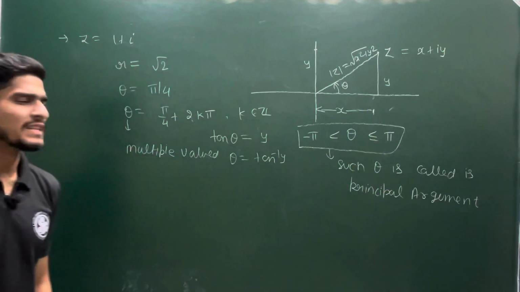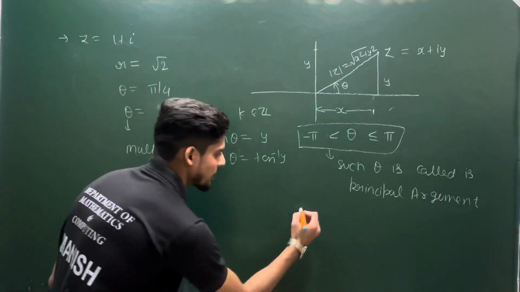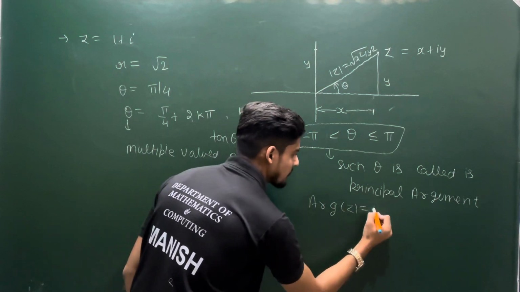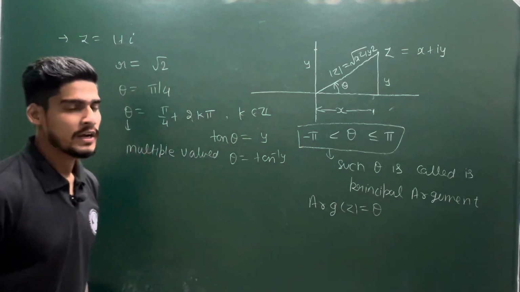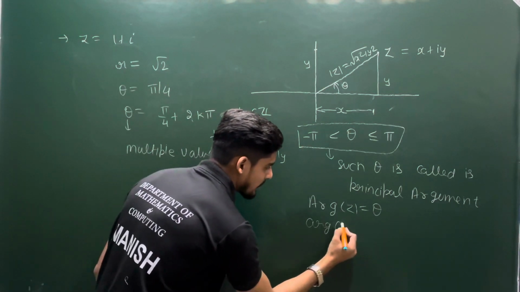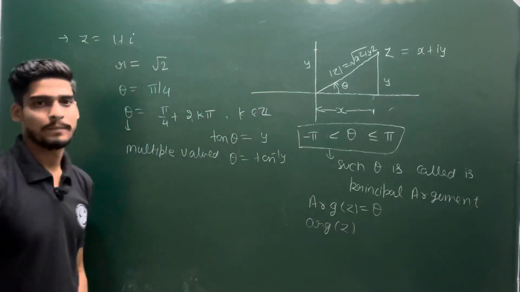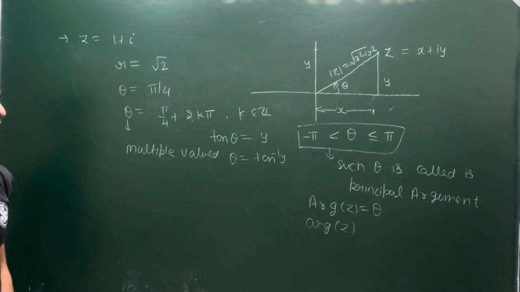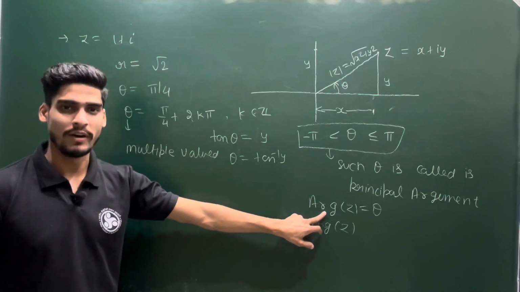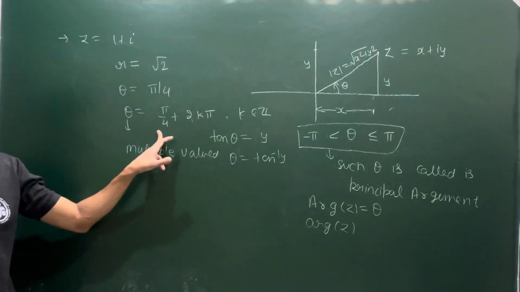This is denoted generally by capital Arg z is theta. This is the principal value, and the general argument is denoted as argument of z with small a. Now you can observe, this is a well defined function, a unique value, not multiple valued. This one is multiple valued.